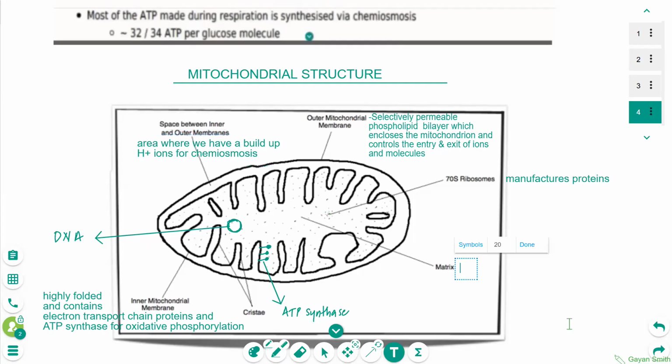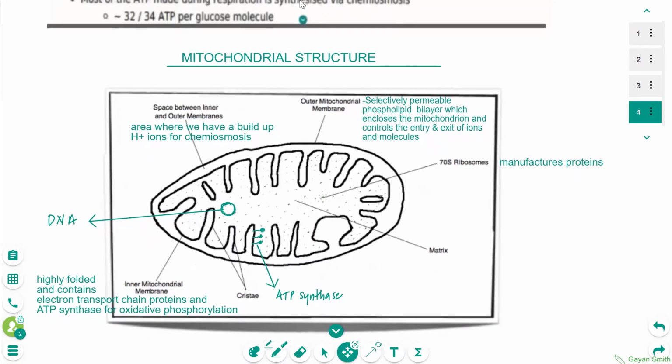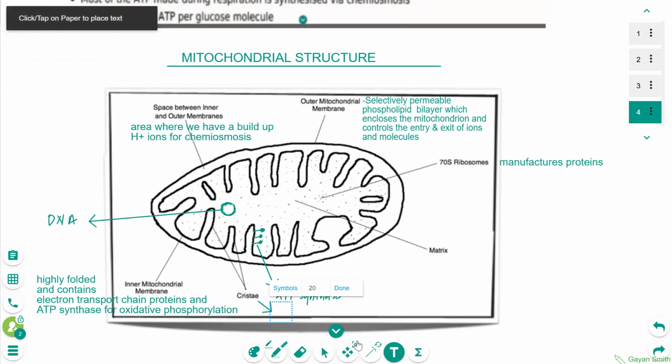We have the matrix, and the cristae, which are the folds. The folds are there to increase the surface area.